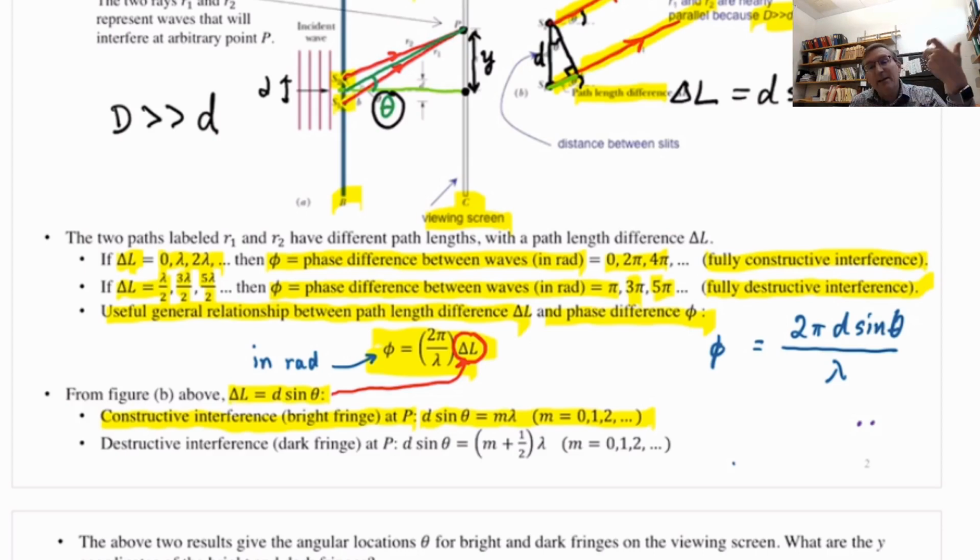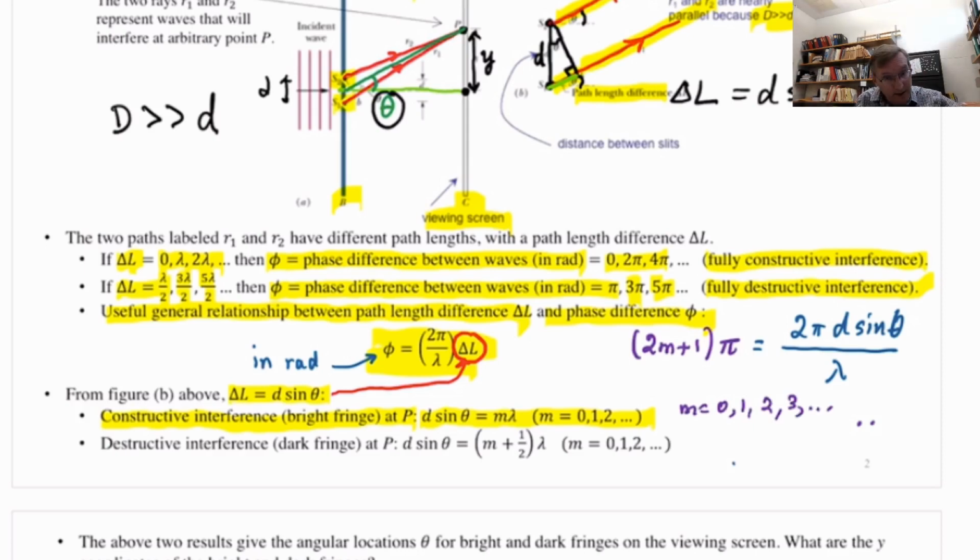Well, then we said that phi had to be pi, 3 pi, 5 pi, 7 pi, 9 pi radians, an odd integer multiple of pi. How can we express that? You can write it like this: (2m plus 1) times pi, where m can be 0, 1, 2, 3, and so on.